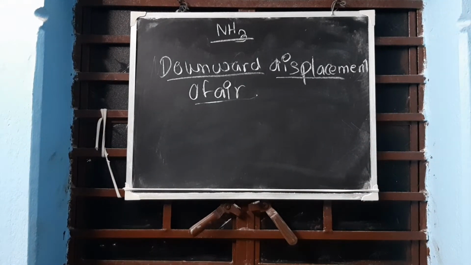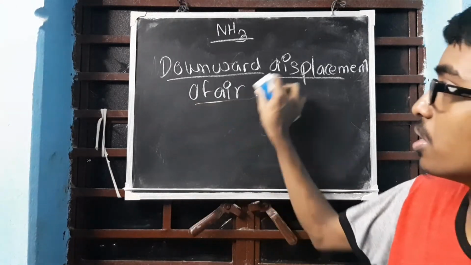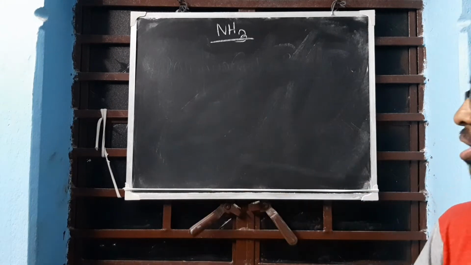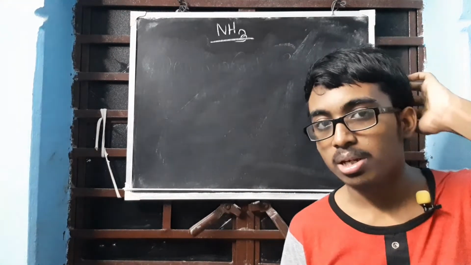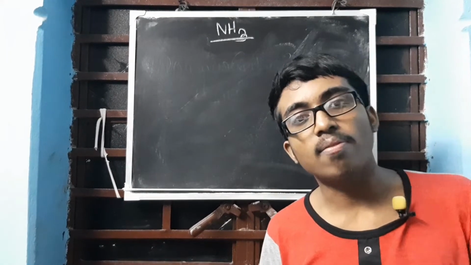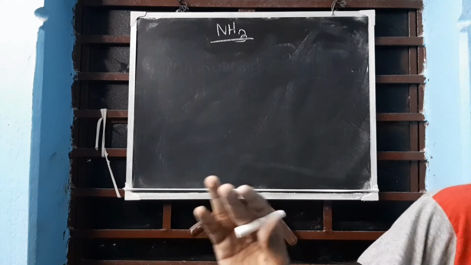The reason is it is lighter than air. Next, ammonia gas is highly soluble in water, forming ammonium hydroxide solution. Therefore, we cannot collect it over water. Simple reason: highly soluble in water.